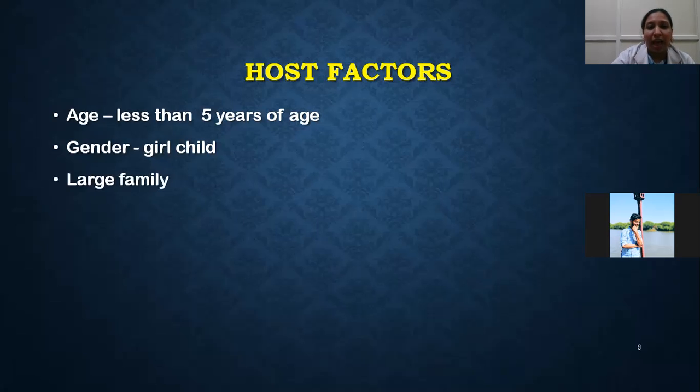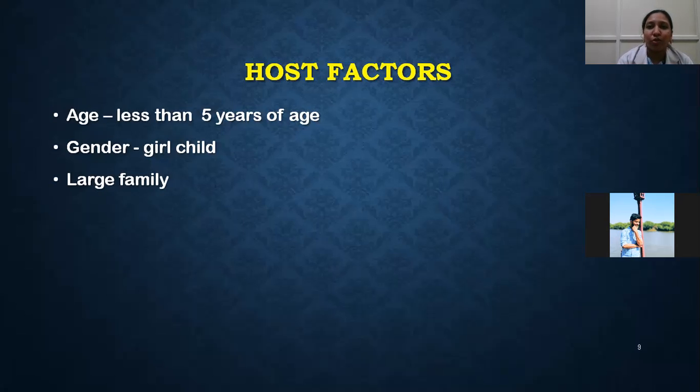Okay, and large family, definitely. If the family is very large, the earning person cannot feed everybody. If they come from a good socioeconomic status, it is okay. But when there are so many children, the mother cannot take care of each and every kid. She cannot give proper care and nourishment to all the children.